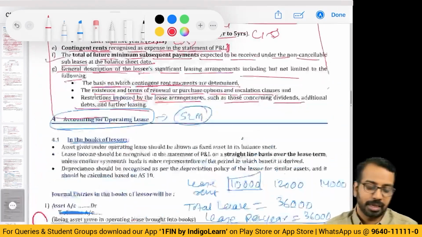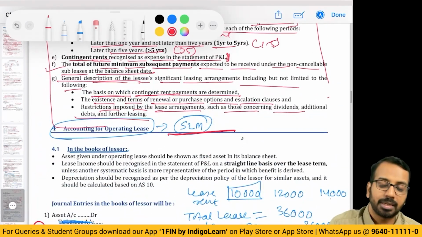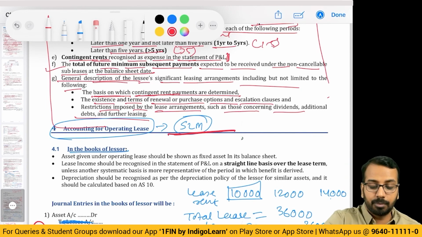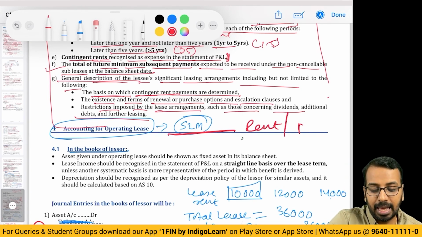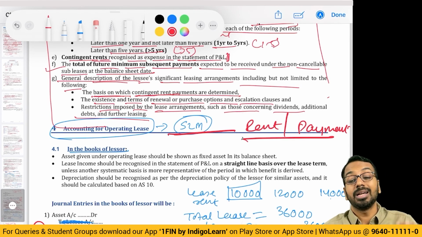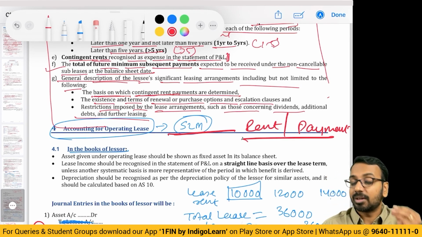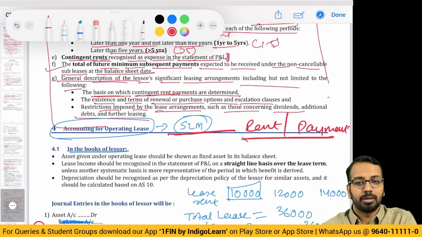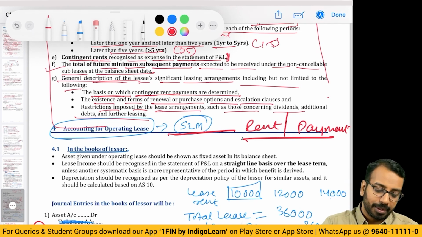Okay. So basically, what you have to remember, it is done on SLM basis. Any difference between rent and payment will be taken to an account called lease equalization account. The lease equalization account can be a debit balance or a credit balance, either of the two, right?